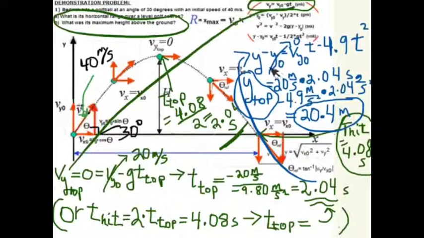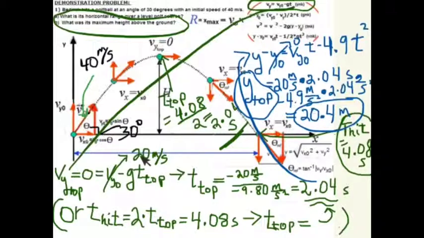First of all, let's find the time to the top using the fact that the y velocity at the top is 0. Then we can substitute that into the final velocity not known equation. So we take this formula, v sub y is vy naught minus gt, and set that to vy top, 0.